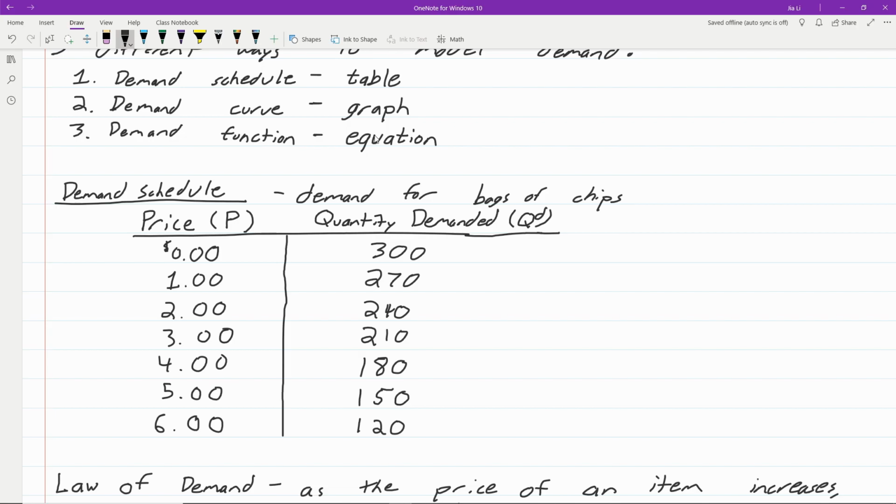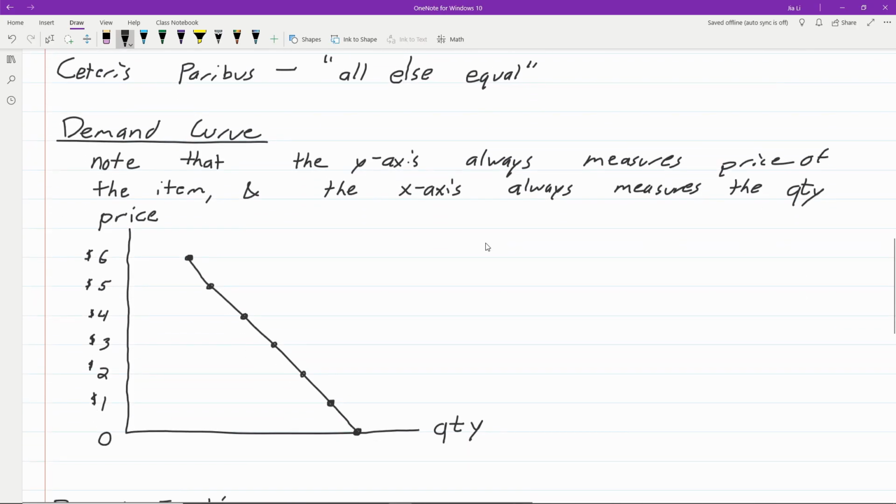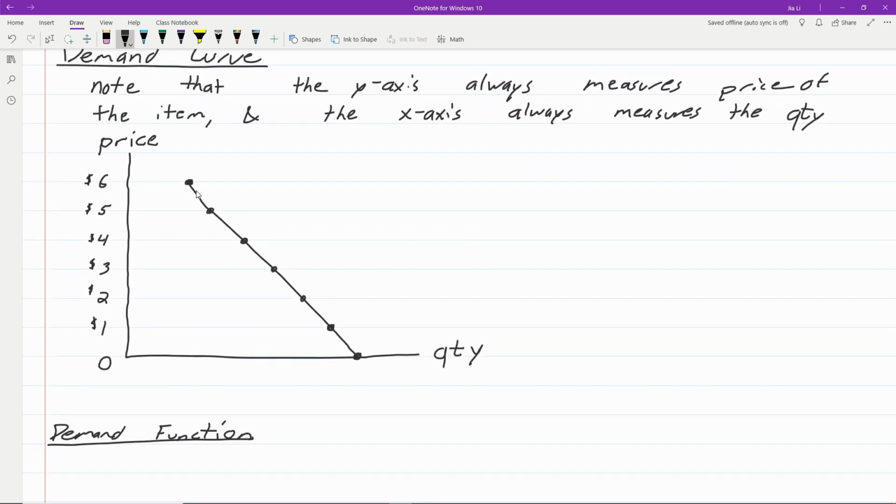The demand function is representing demand using an equation. So how can I do that? Well, fortunately, because of the way that I assumed the relationship between price and quantity works out, I assumed that was a linear relationship.